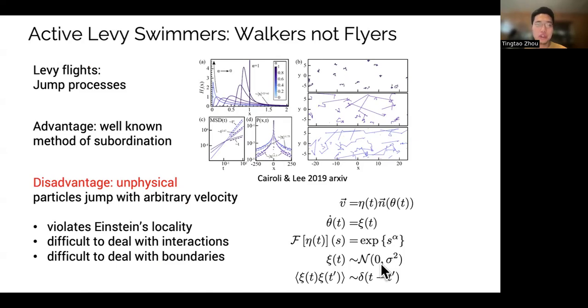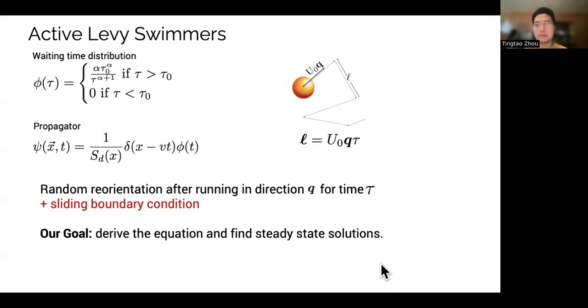Although probably in the mathematics literature people are more familiar with Levy flights, there is a small issue with that physically, because in this model the particles are just jumping around with arbitrary velocity, right? And it's also technically difficult to deal with the boundaries and interactions. So we do not want that, but instead we want the particles to be moving with a constant or finite velocity before they change direction.